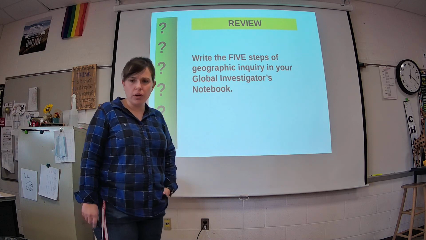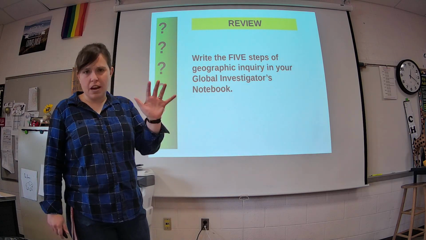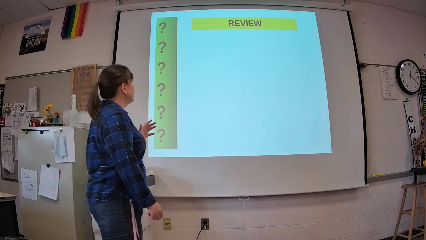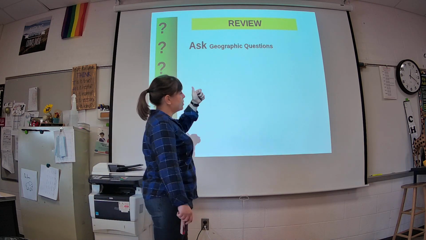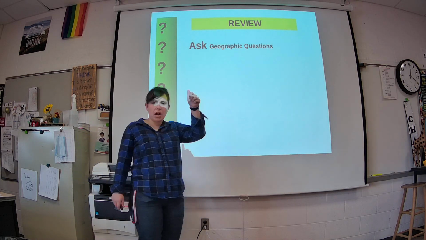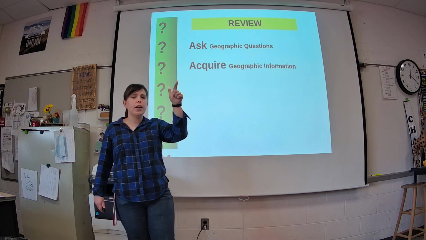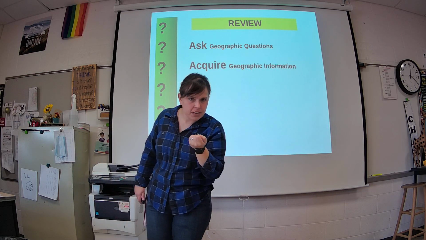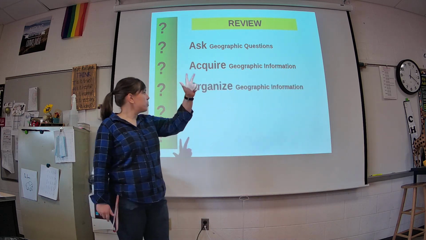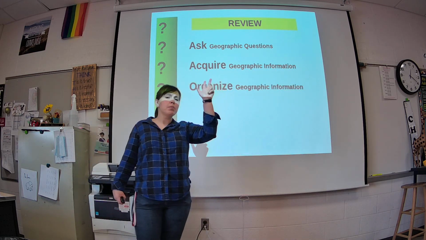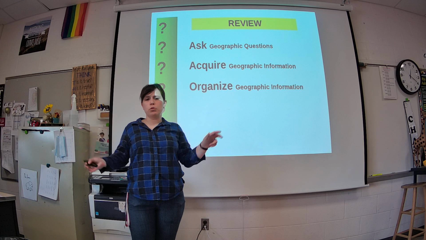So let's review, okay? Remember, the 5 steps of geographic inquiry are: 1, we're going to ask geographic questions, see the problem, ask why it's happening. 2, we're going to gather geographic information. 3, we're going to organize it, right? Remember, we don't want to look through a random notebook with notes everywhere.